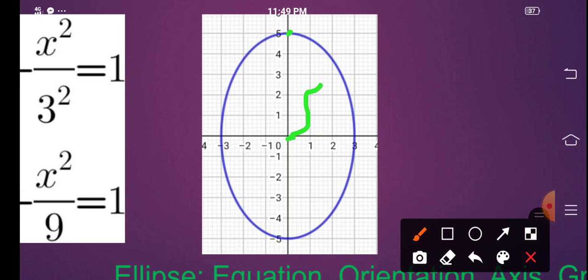From here to here, that's 5 units. So a is equal to 5. Then from the center to the edge of the minor axis is 3, which is equivalent to your b.